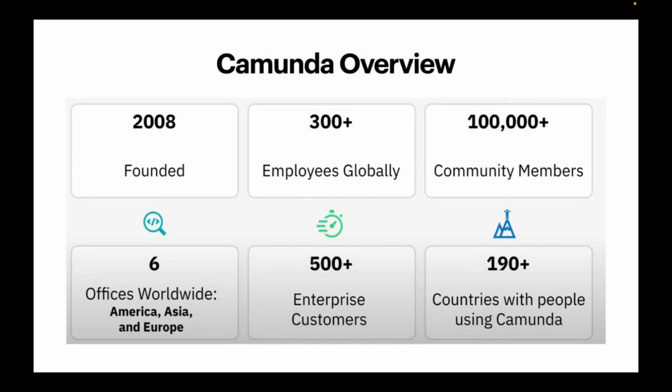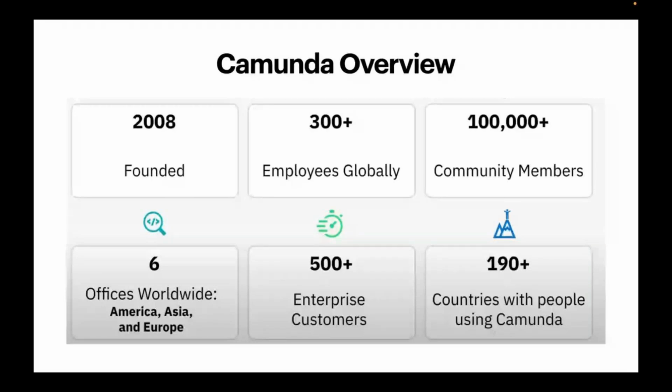So the purpose of this slide is to have a brief understanding of the footprints of Camunda across different companies and countries where it has been established, and it's growing a lot with each and every year.